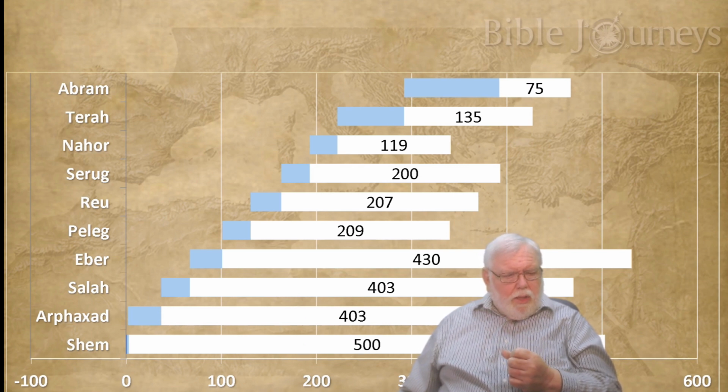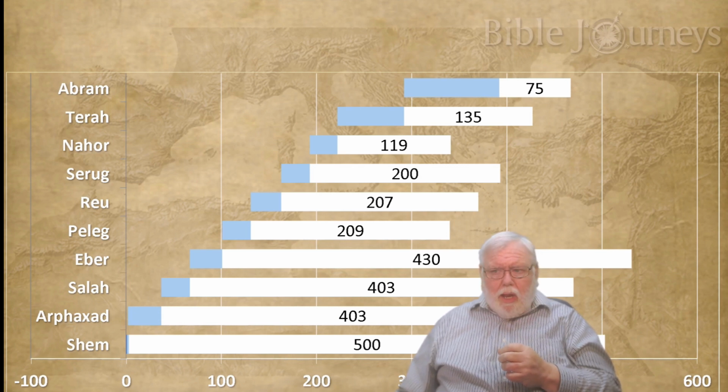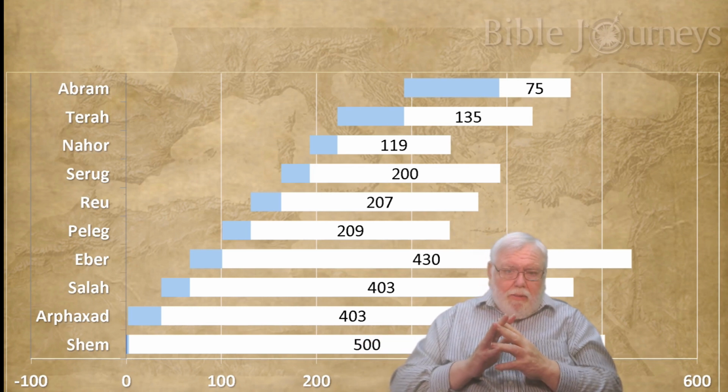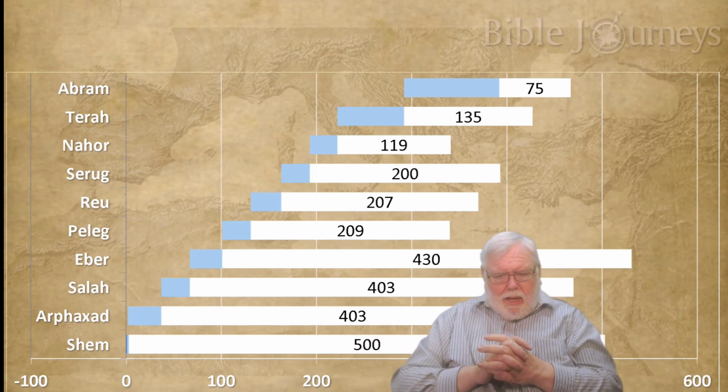And you can see here that Shem definitely lived long enough that he could have been alive when Abraham was there. So this is important because there is a Hebrew tradition, a Jewish rabbinic tradition, that Shem was Melchizedek.